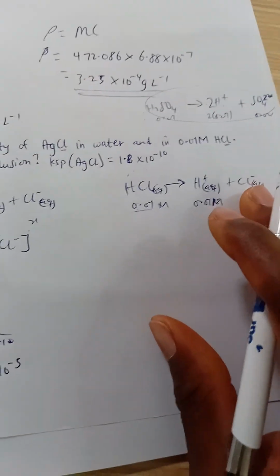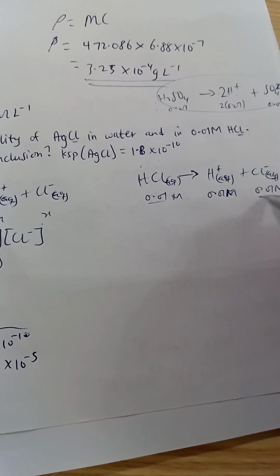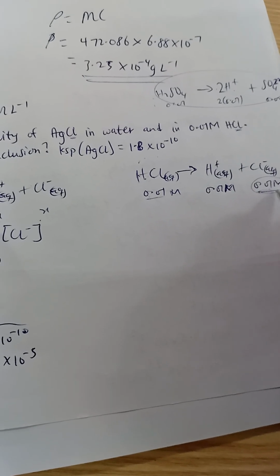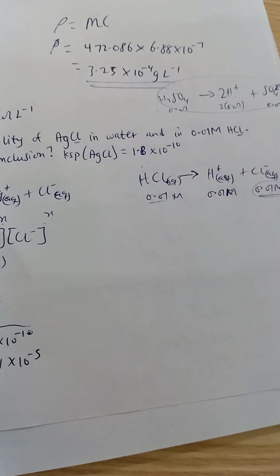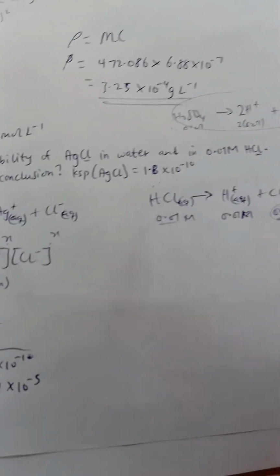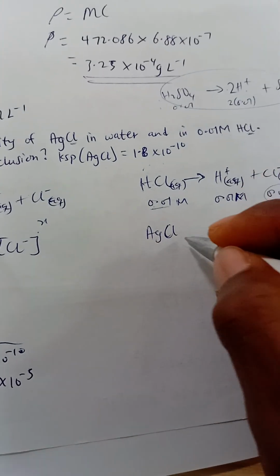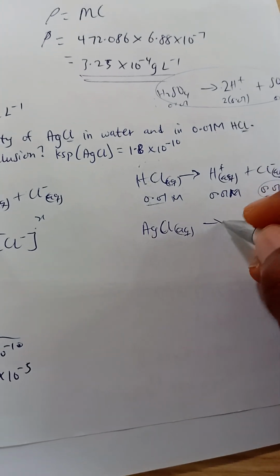Alright, so back to the question. We know that in HCl we already have 0.01 molar Cl minus ions already. Then we are now coming to add this guy to this solution. So when we add the silver chloride, we put it in the HCl. This is what will happen.